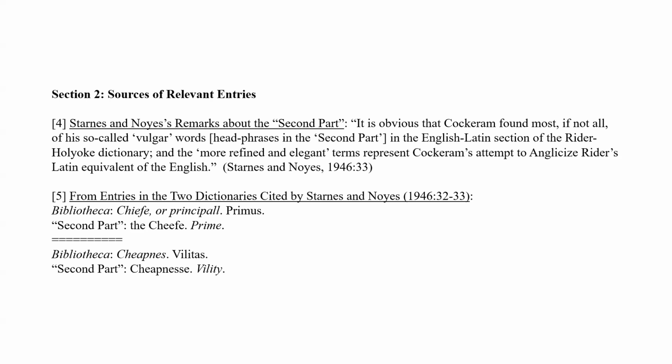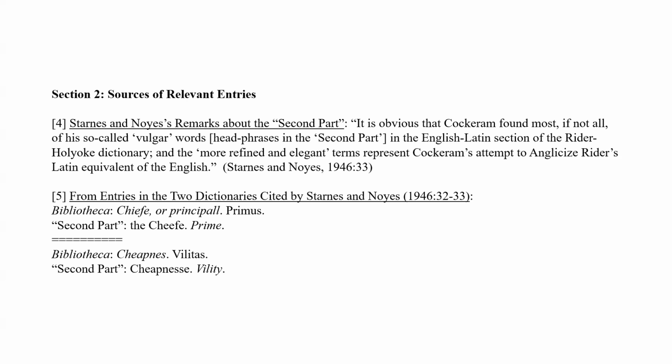However, as far as my scope of analysis is concerned, Cockeram apparently neither copied head phrases in the Bibliotheca nor anglicized Latin words in it so often as Starnes and Noyes claimed.